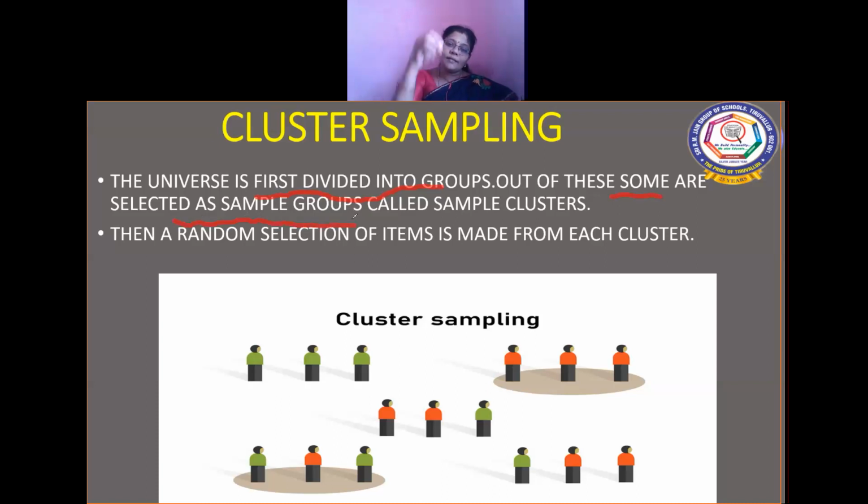In stratified sampling we selected items from the divided groups, but here we select the group itself as one item. These sample groups are called sample clusters. The word cluster also means group.